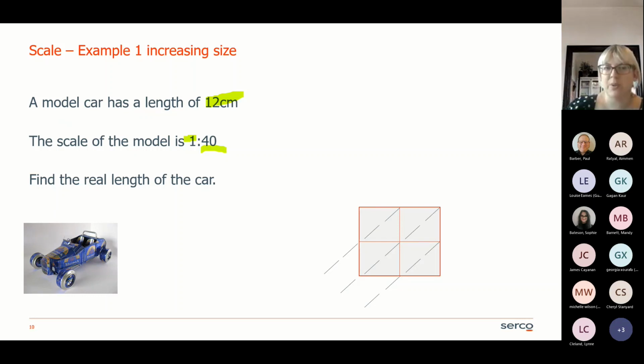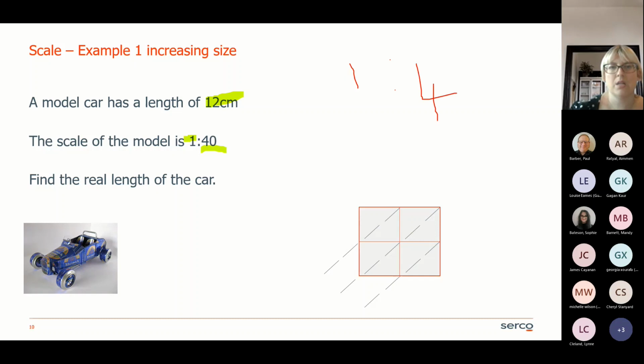So we know the model version is 12 centimetres, and we might have some right answers in the chat. We'll see now. And we want to get the real life version. Okay, so let me get my pen out. So what are we going to do? We've got 1 to 40.